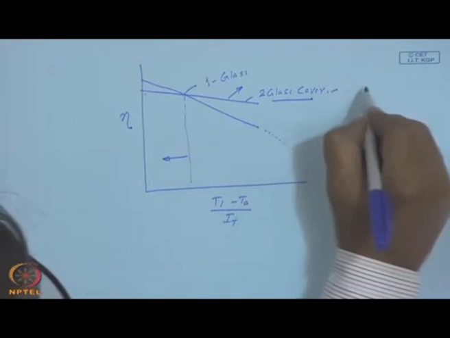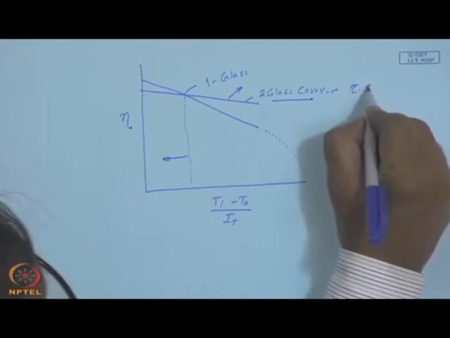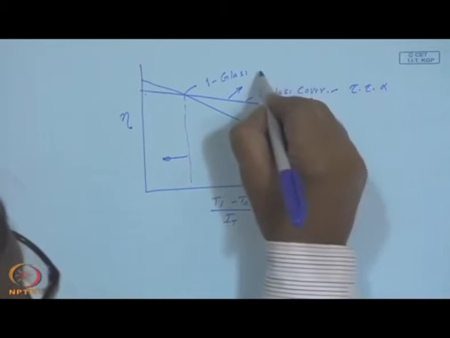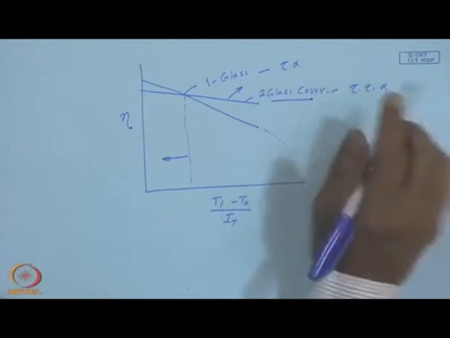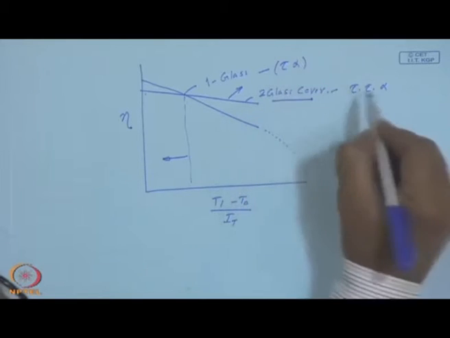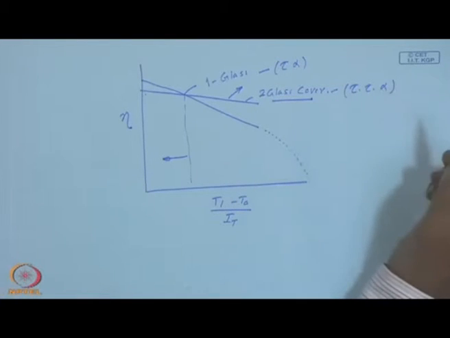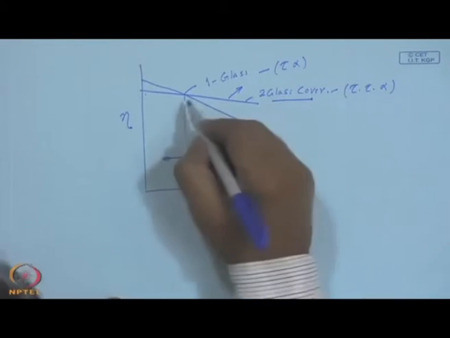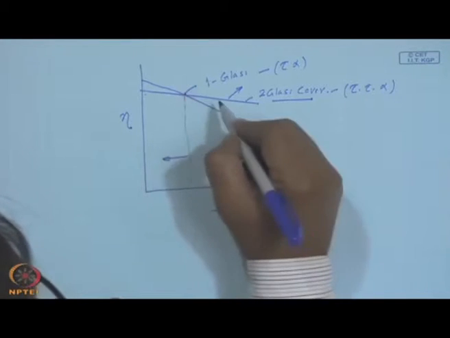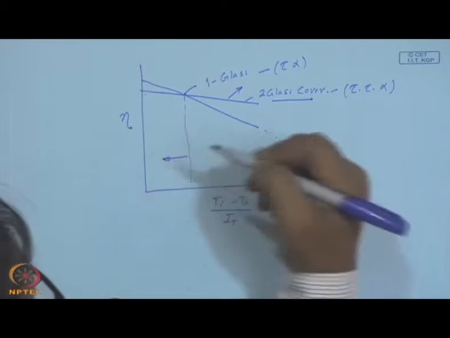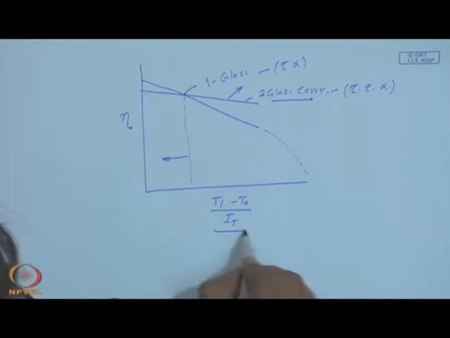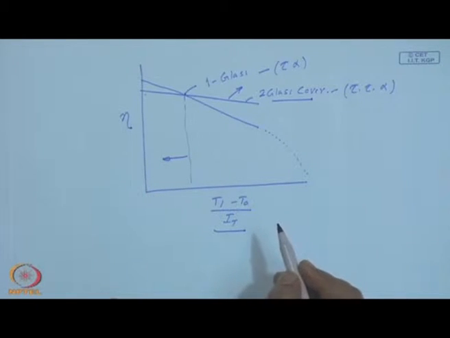Remember, this has got effectively tau times alpha, whereas this is only 1 tau into alpha, though effective part will come into the picture. So, there is a cutoff temperature between 1 glass cover and 2 glass covers, and below this value of the parameter you have a 1 glass cover performing better than a 2 glass cover.